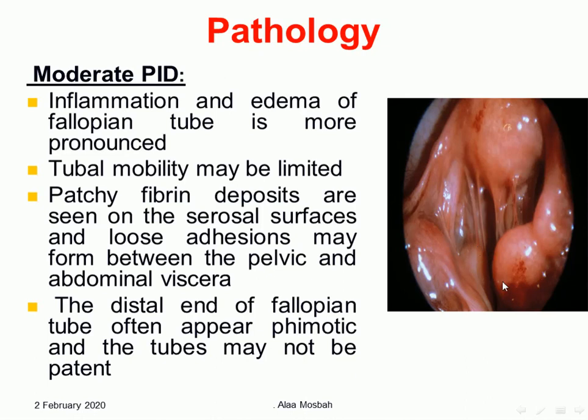The distal end of the fallopian tube often appears phimotic, and the tubes may not be patent. So here the tubes may not be patent, and there is limited mobility, and there is edema and some filmy adhesions.